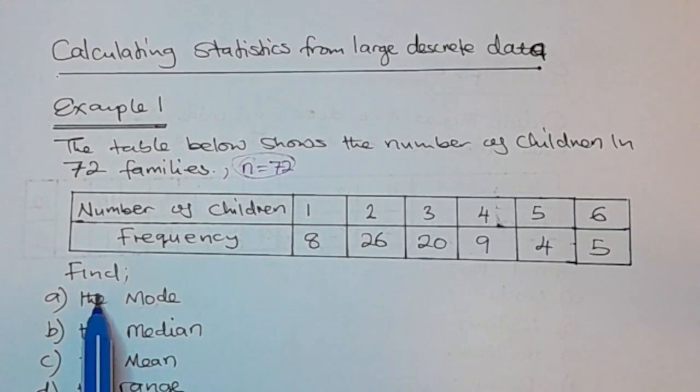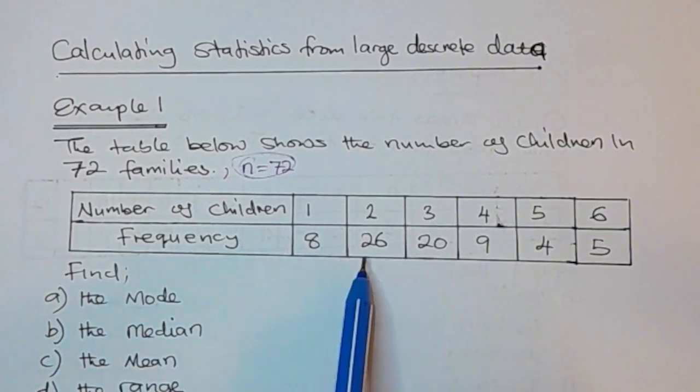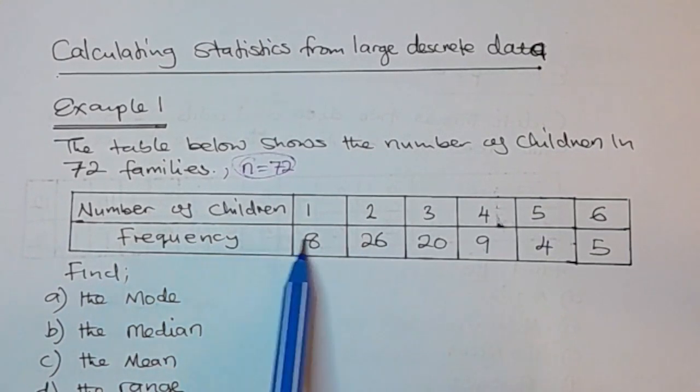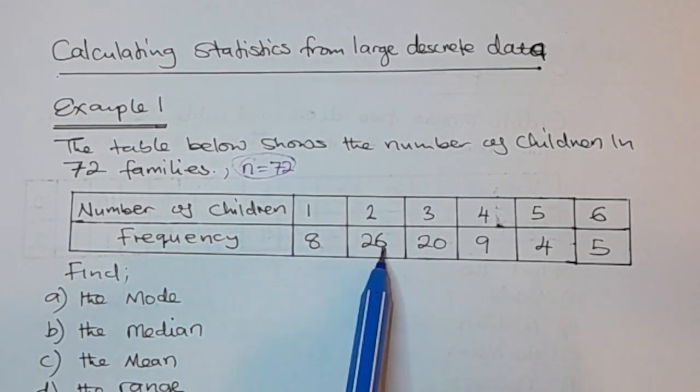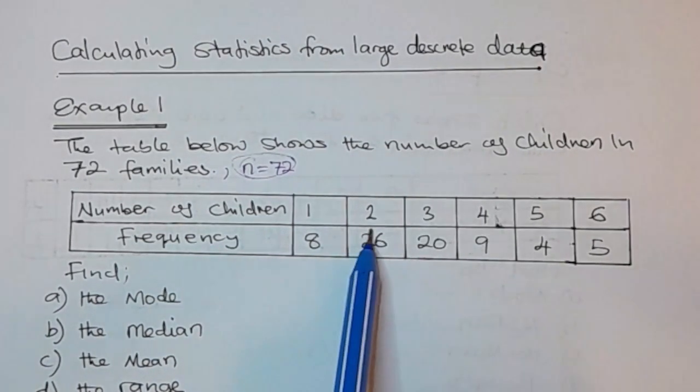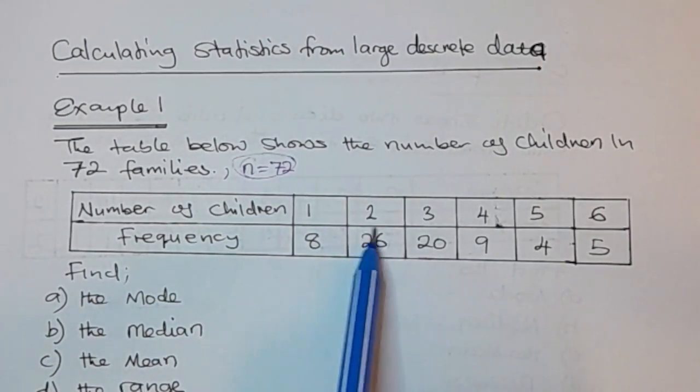Then they're saying the mode. So you look at the highest frequency first. You have the frequencies 8, 26, 20, and so on. You can see that 26 is the highest frequency.